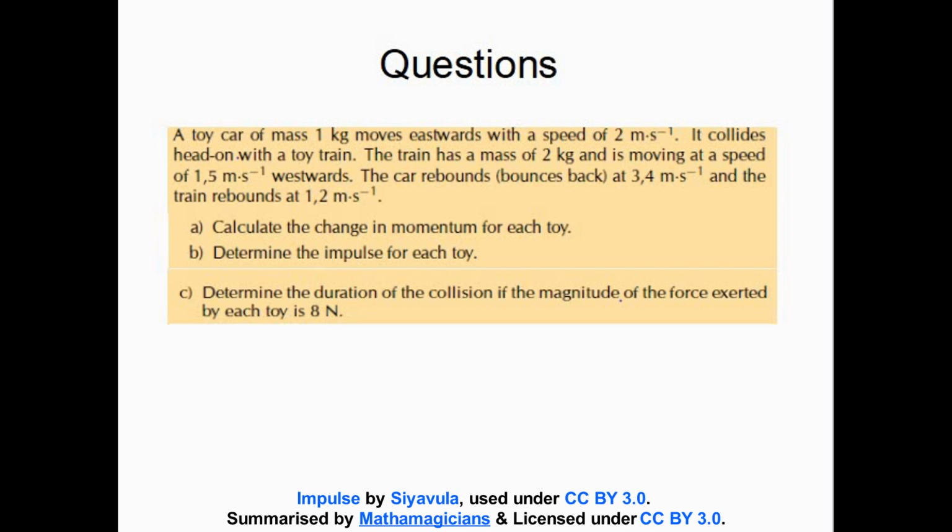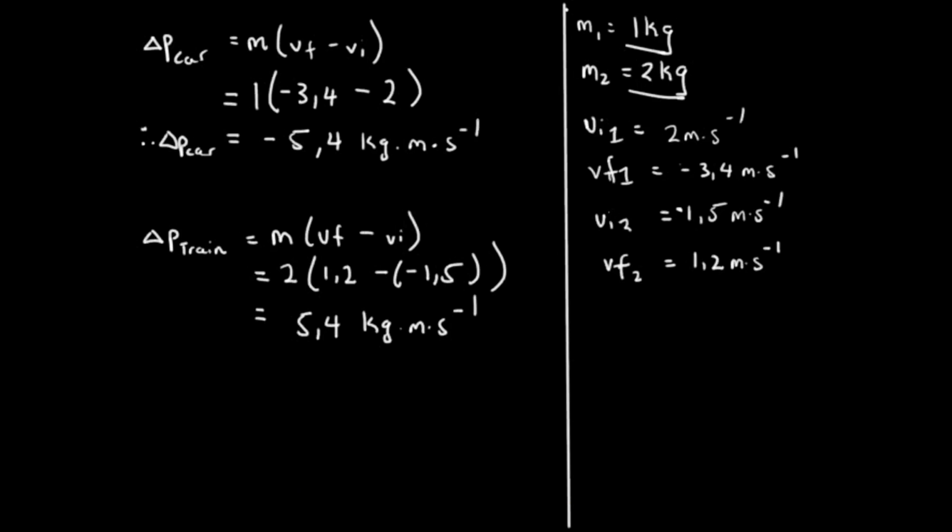Let's have a look at the second question. Now we need to determine the impulse for each toy. According to the impulse momentum theorem, we have in fact done that, so we can just state that. We can say the impulse for the car is negative 5,4 kilograms meters per second, because this is equal to the change in momentum by the impulse momentum theorem.